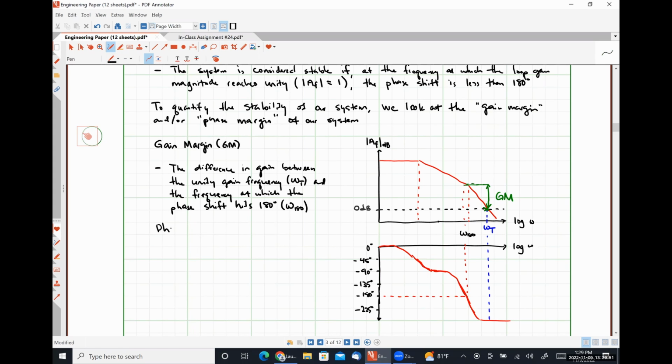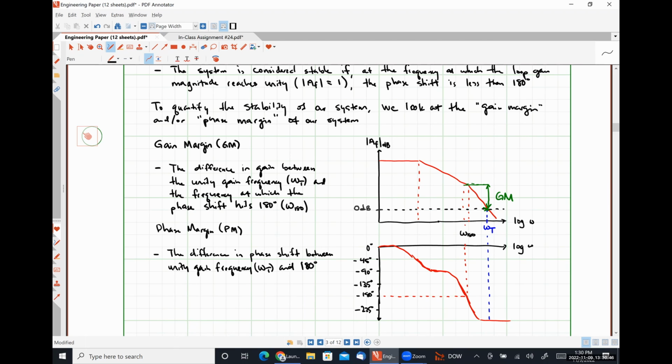Our phase margin, or PM, is defined as the difference in phase shift between our unity gain frequency omega t and 180 degrees.